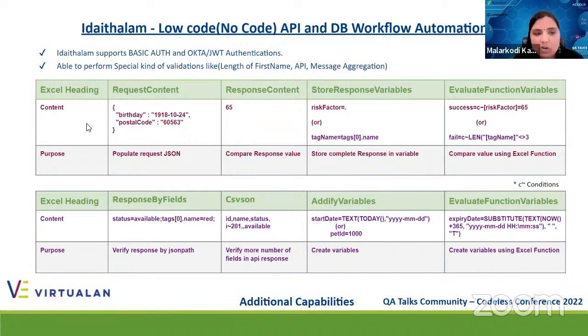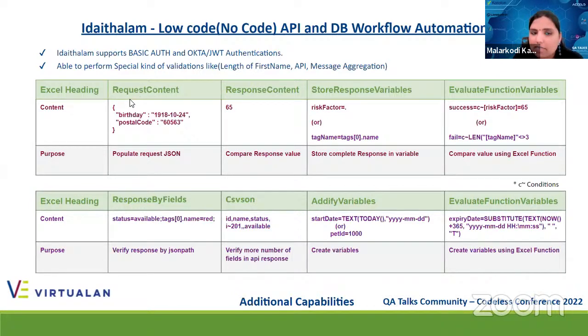Then if you see the Excel headings, request content and response content, request content means you can directly pass the JSON. If it is a very small JSON, you can pass it in the Excel file itself instead of keeping it in a file.